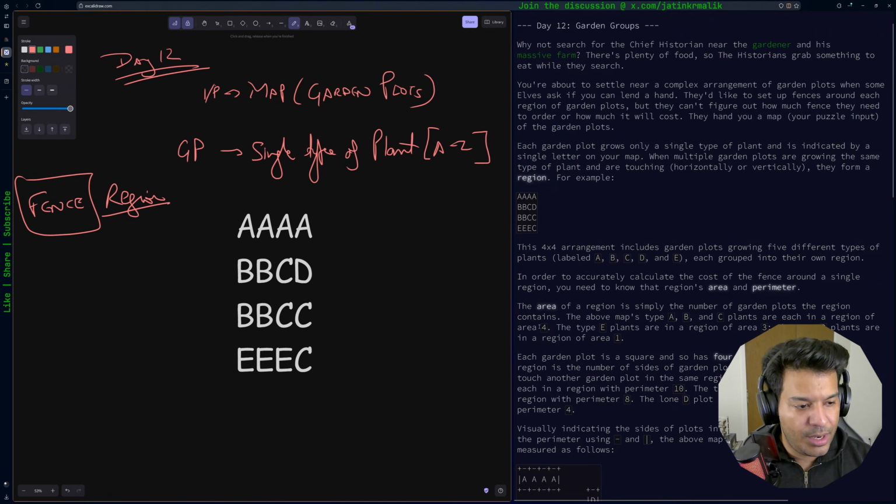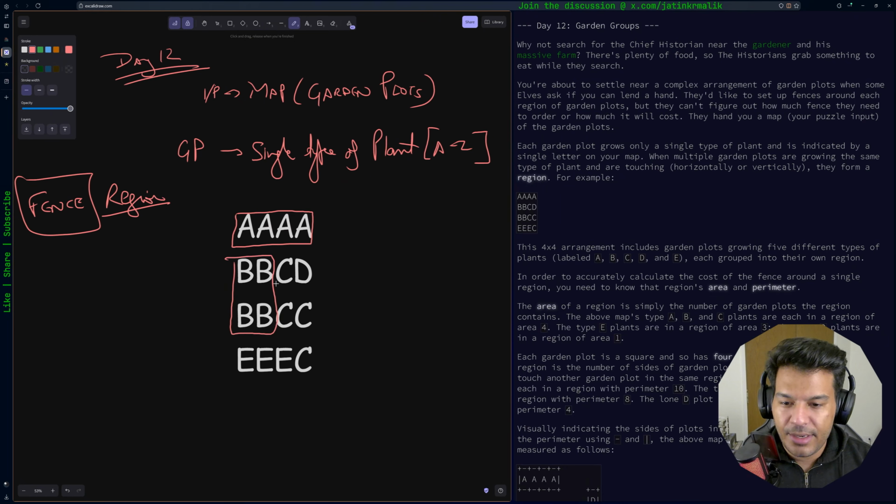And in the above map, type A, B, and C plants are each in a region of area 4. If we look at this, A region is here, B is here, C is a little abstract where we are going like this. Then you have E here, and then you have D here. A is 4, B is 4, C is 4, E is 3, and D is 1.